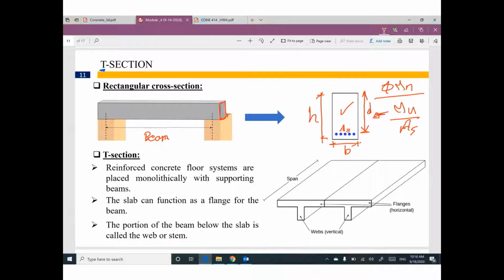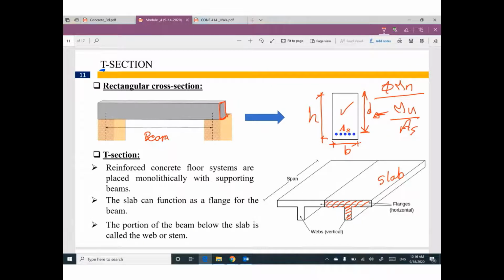But sometimes, not sometimes, most of the time, your cross section or your beam is connected to a slab, a concrete deck. So this beam with this slab will make a different shape of cross section, which you call a T-section.